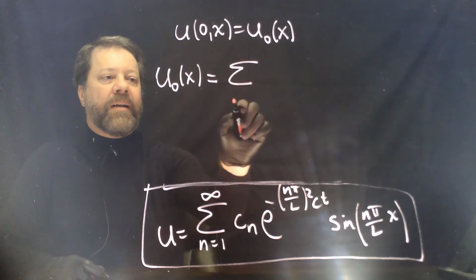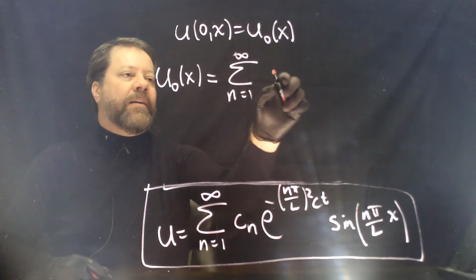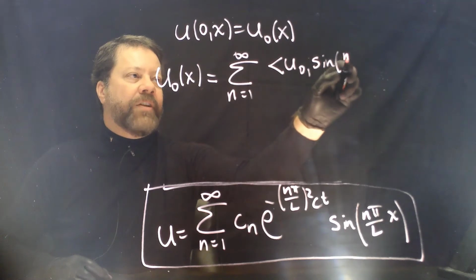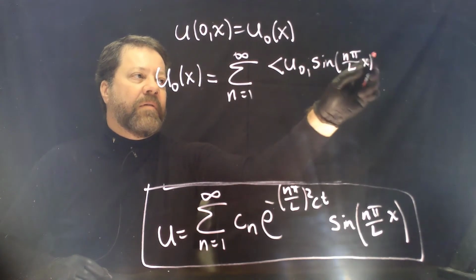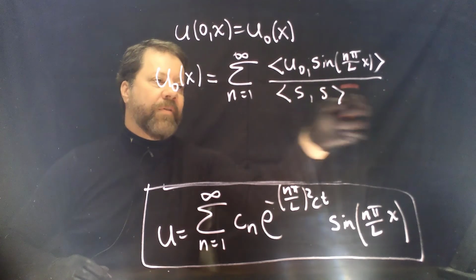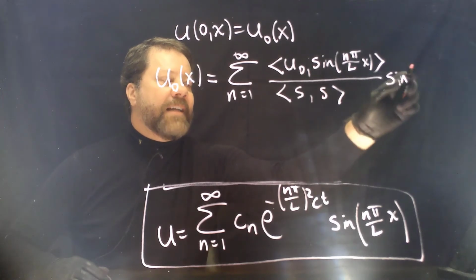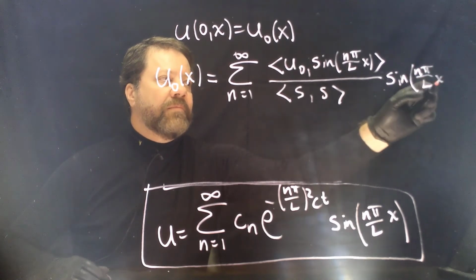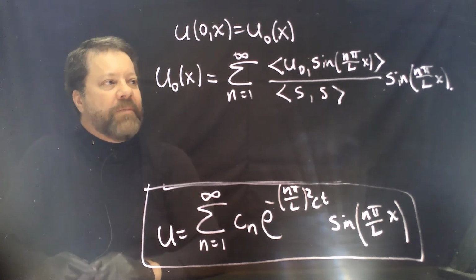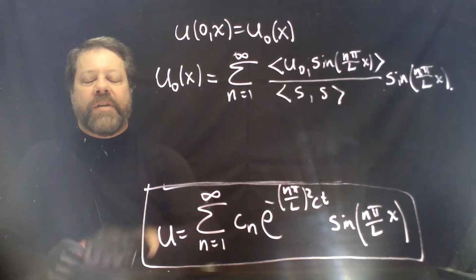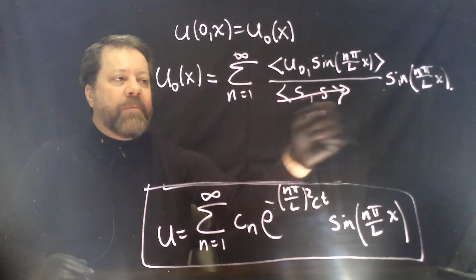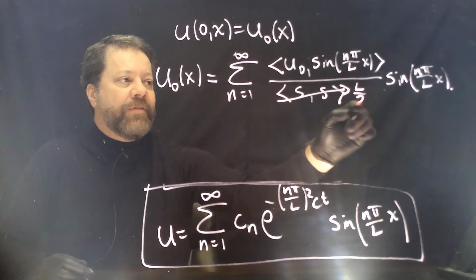Remember, these always look like the sum, as n goes from 1 to infinity, of the inner product of u naught with the appropriate sine function over the inner product of the sine function with itself, times that sine function. Using the odd extension of u naught, it makes sense that we could use these odd functions to reconstruct this function. You'll recall from our previous analysis that the inner product of s with s is L over 2.